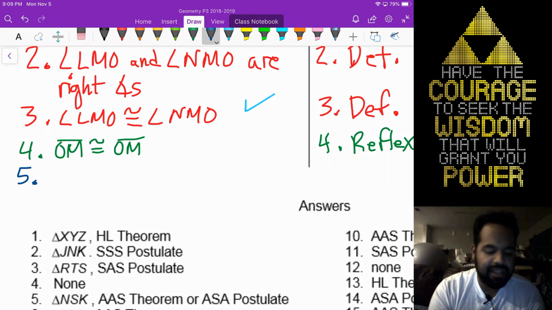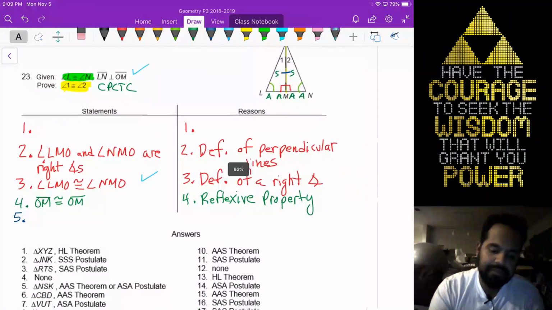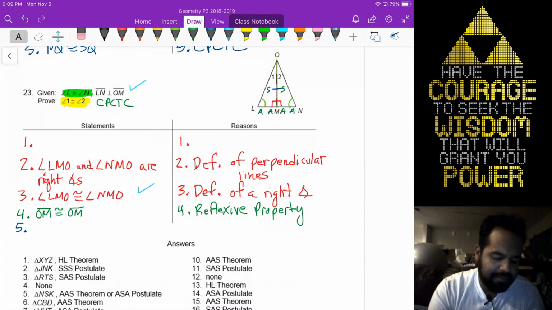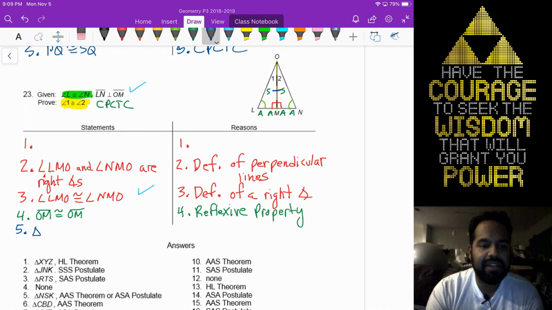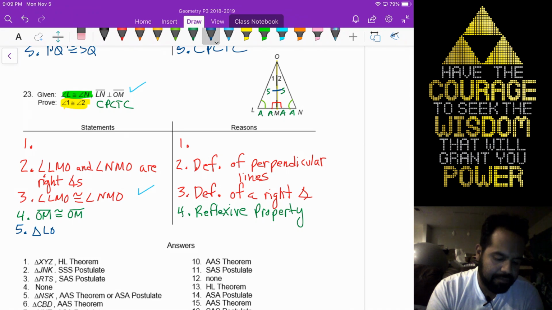Okay, so then here we're going to say triangle, let's say LOM. And if you want to use LMO, you can do that too, as long as you keep the right order. So let's say LOM is congruent to triangle NOM. And that is our angle side.